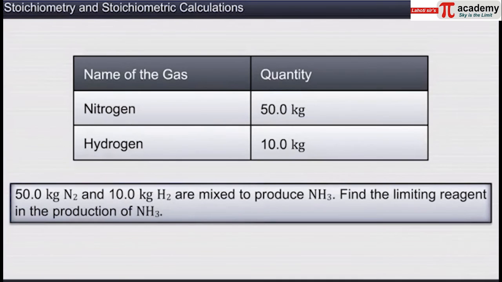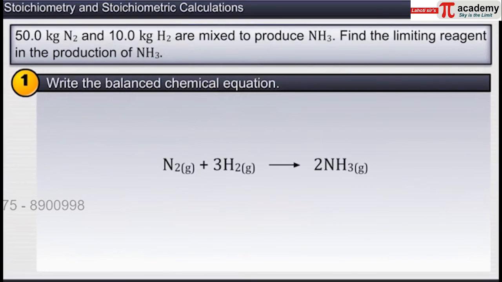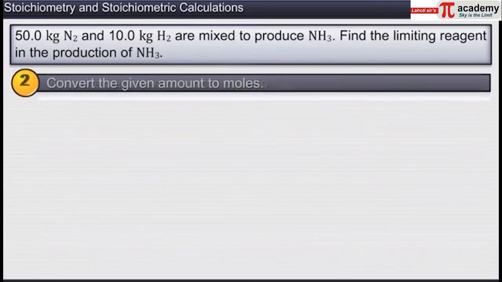Let's understand how to calculate limiting reagents from this example. Assume that we mix 50 kg of nitrogen gas and 10 kg of hydrogen gas to produce ammonia gas. Here, we have to determine the limiting reagent during the production of ammonia. First, we have to write the balanced chemical equation of the reaction. Next, we have to convert the given amount into moles.